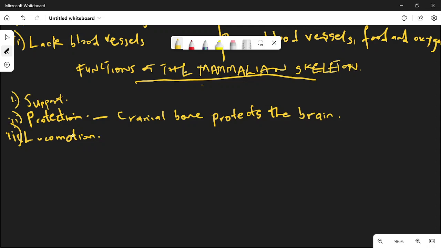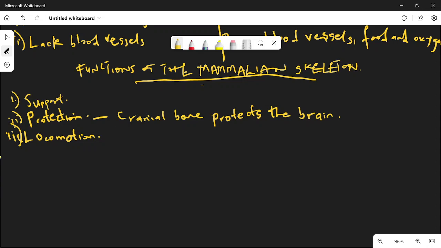If there are no bones in the body, this command will not be effected. It is because we have bones in the body that locomotion is possible. So that is another function of the skeleton.